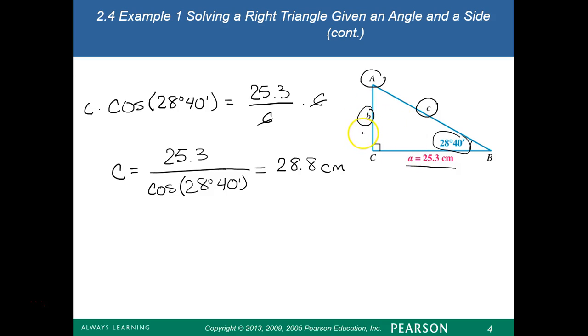The third side we could have found with the Pythagorean theorem. But that wouldn't have been as accurate as finding it this way like we did already. So to maintain accuracy, always use the information that you are given to find other unknown information in your triangle.